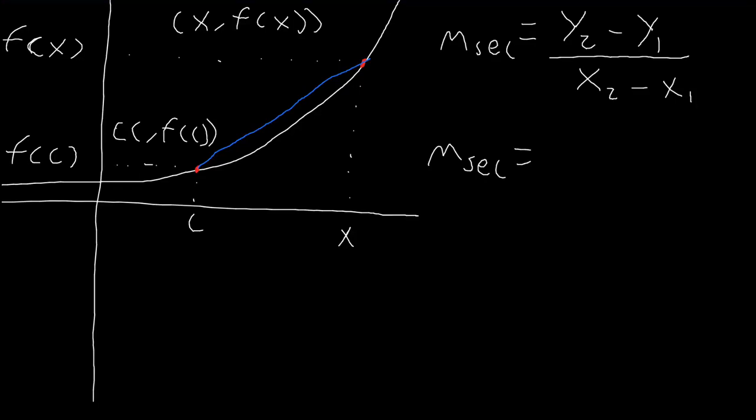So we're just going to have f of x, and then y1 is just f of c. So f of x minus f of c all over, and then our x2 is just going to be x, so all over x. Then x1 is just going to be c, so all over x minus c.